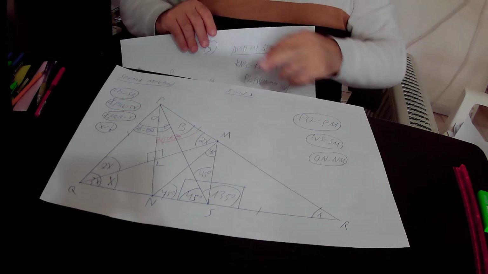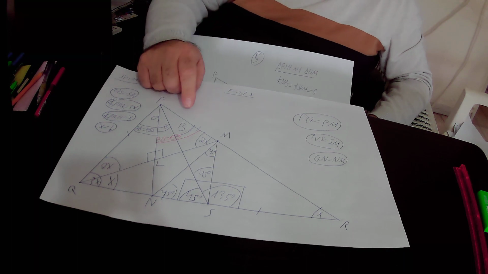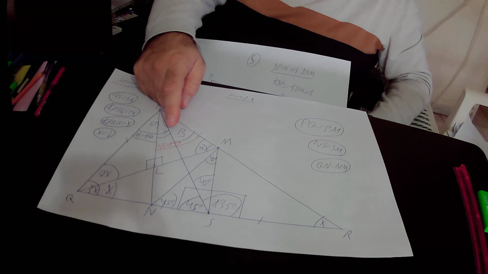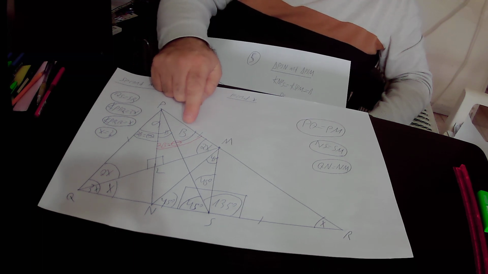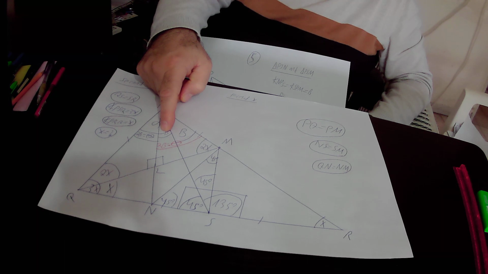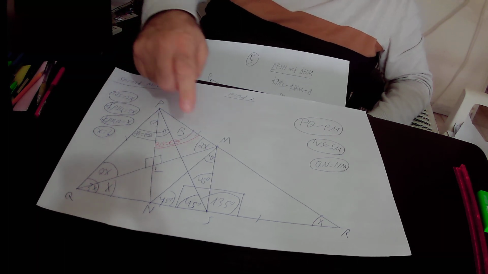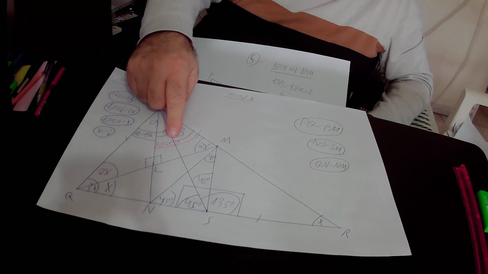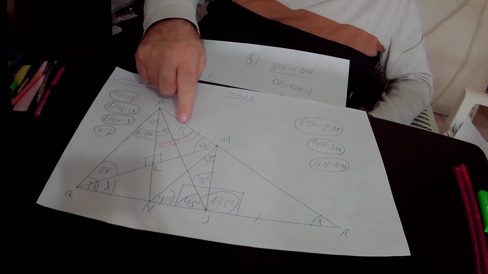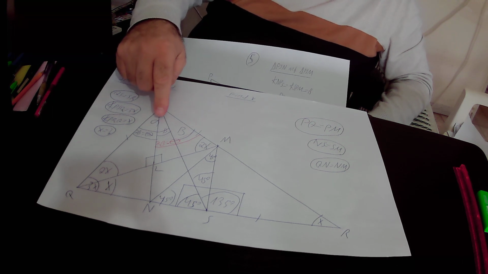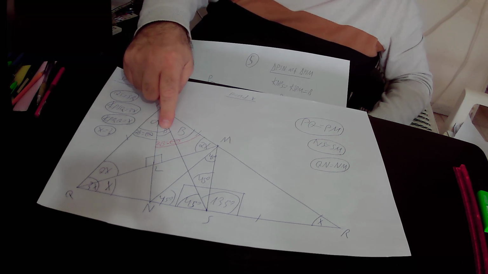But before that, you can see from the drawing that angle theta in the red color minus angle beta equals this angle. So angle NPS equals angle theta, that is 2 beta, minus this angle that is beta. So 2 beta minus beta is beta. So we found out that angle NPS equals beta.